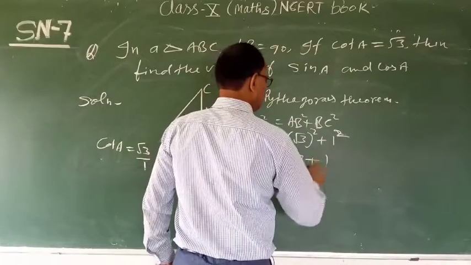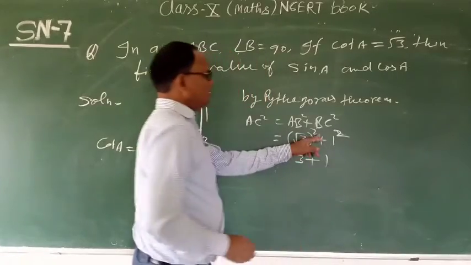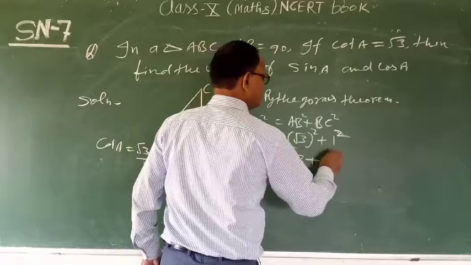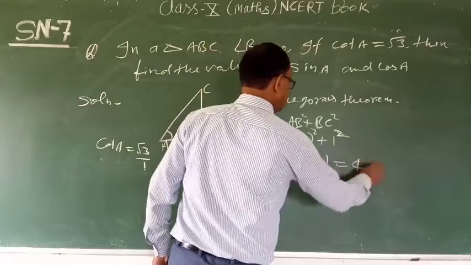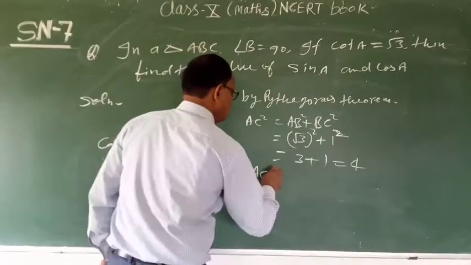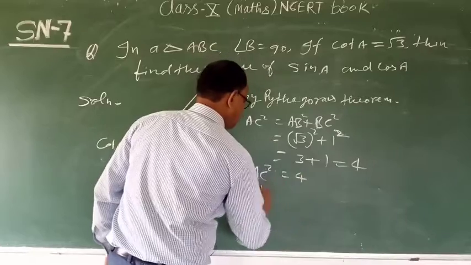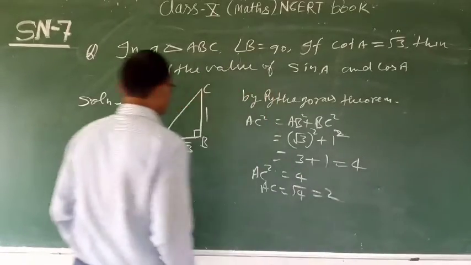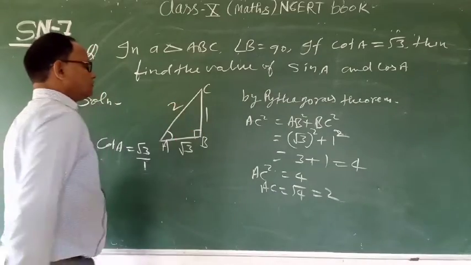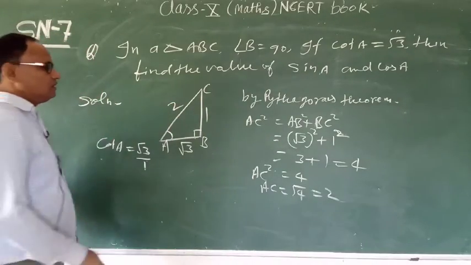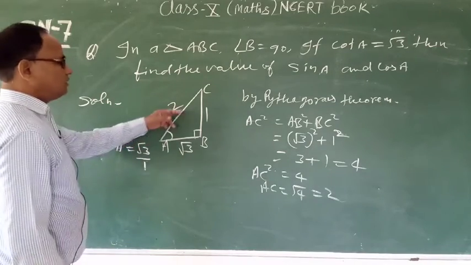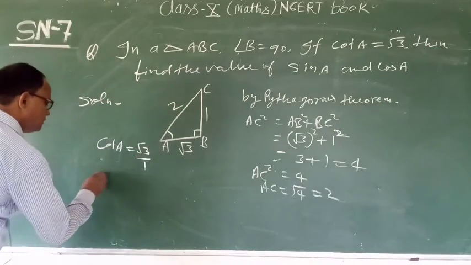The root 3 square cancels the root, so we get 3 plus 1 is equal to 4. AC square is equal to 4, then AC is equal to root 4, which is 2. Okay student, by this method we calculate the value of sin A.